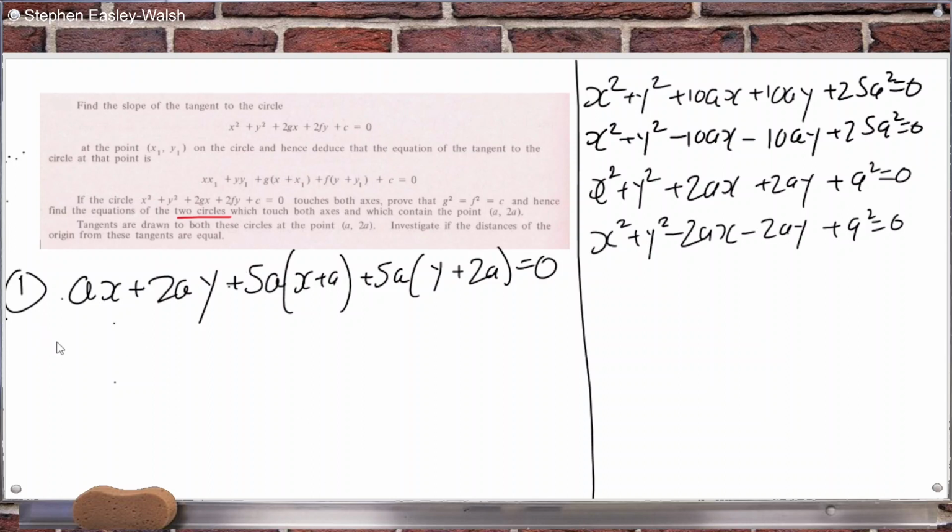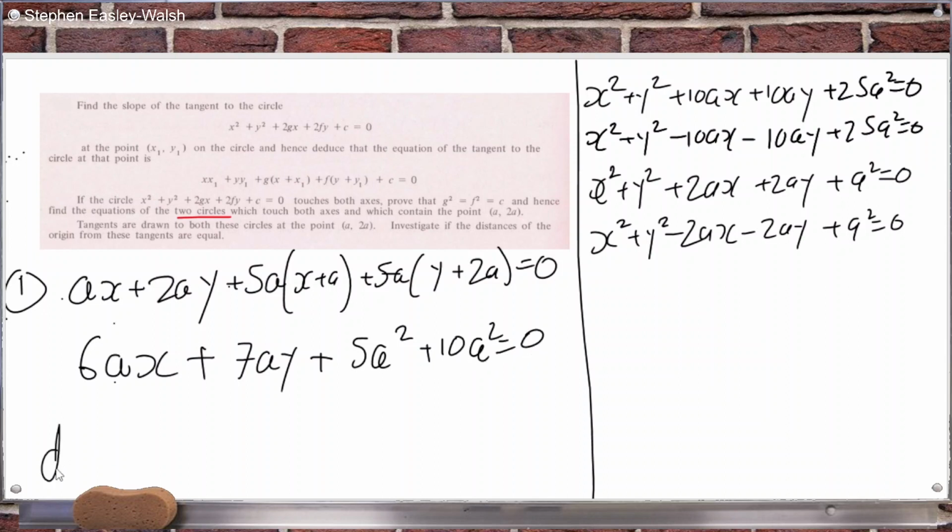Okay, so that's going to be 6a, 5a and 5a, 6ax plus, but you know what, actually, because the x and the y is going to be 0 and the distance formula is not going to matter, 2a, 5a times y, 7a, and then the constant part would be plus 5a squared plus 10a squared equals 0.